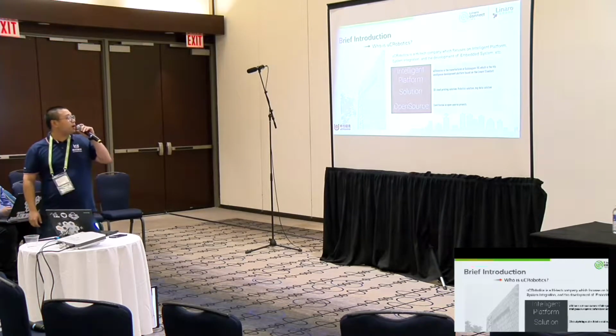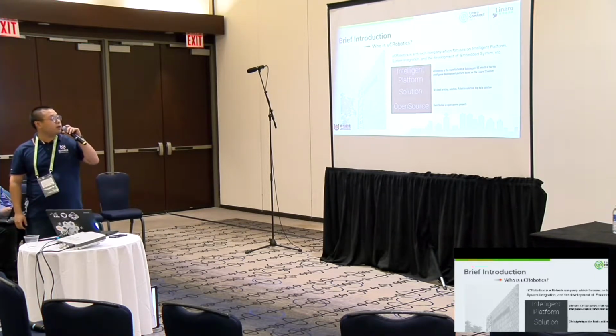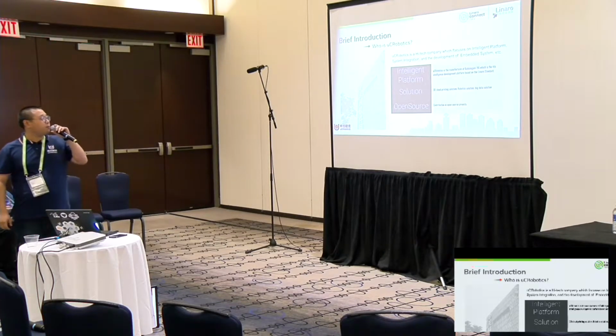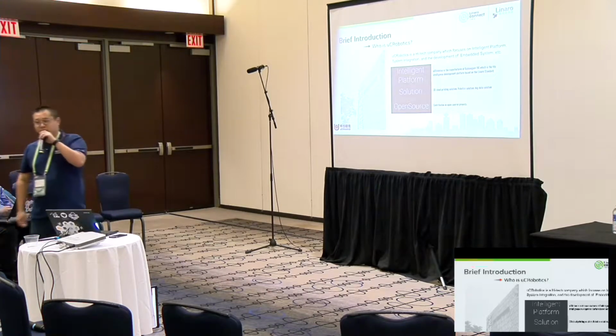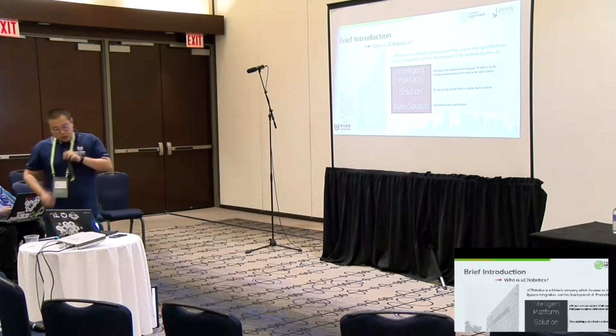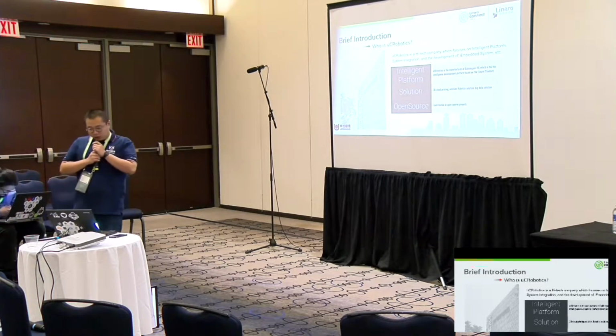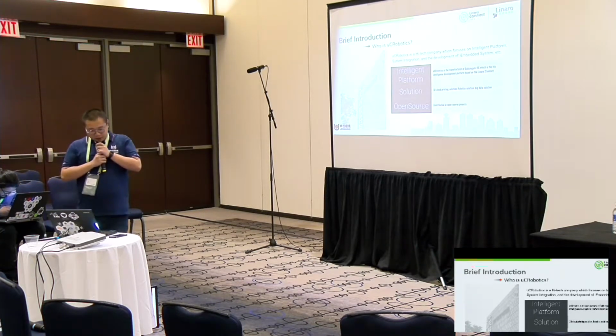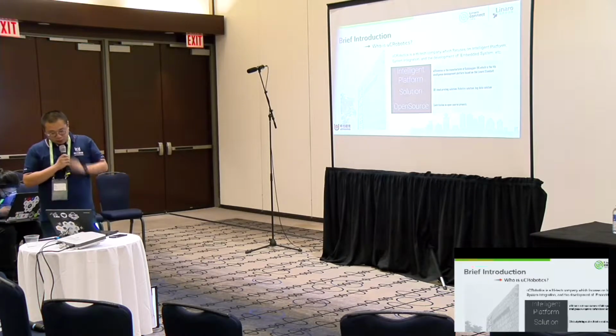Uc Robotics is a high-tech company. We are focused on intelligent platform system integration and development of embedded systems. So there will be three keywords of Uc Robotics. The first one, intelligent platform.